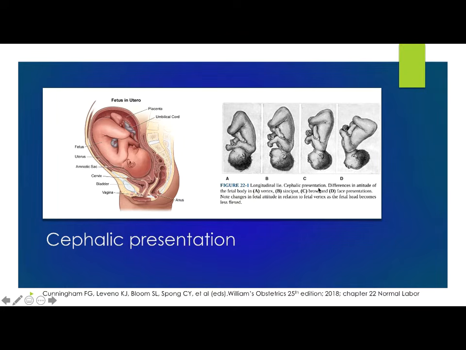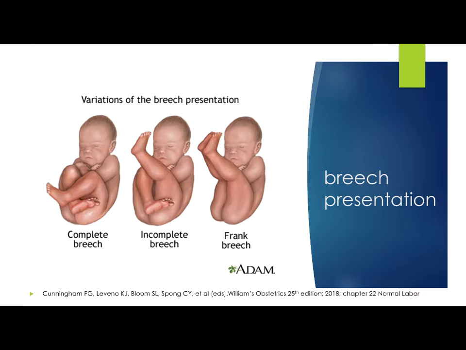These two presentations are actually transient. As labor progresses, sinciput and brow presentations almost always convert into vertex or face presentation by neck flexion or extension respectively. Failure to do so can lead to dystocia and thus be delivered through a cesarean section.